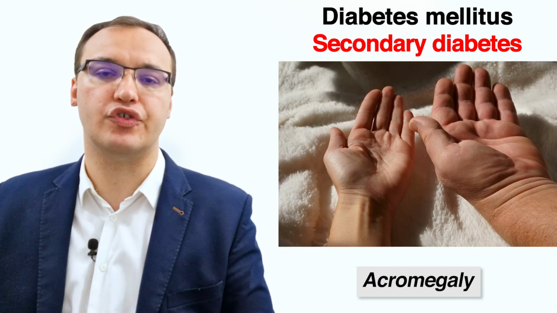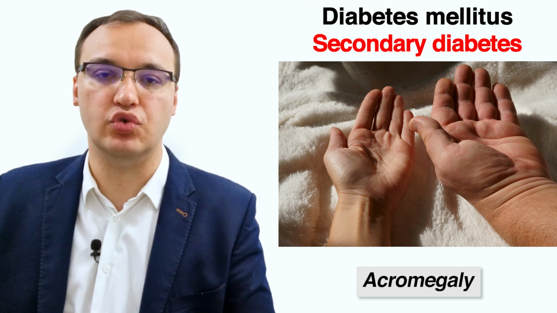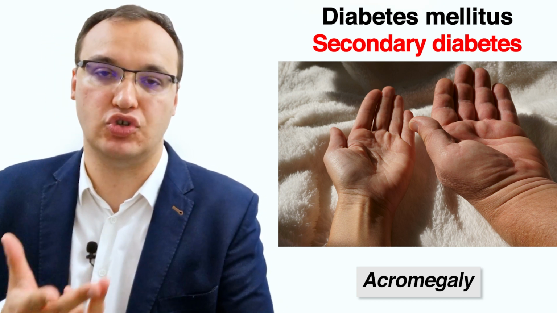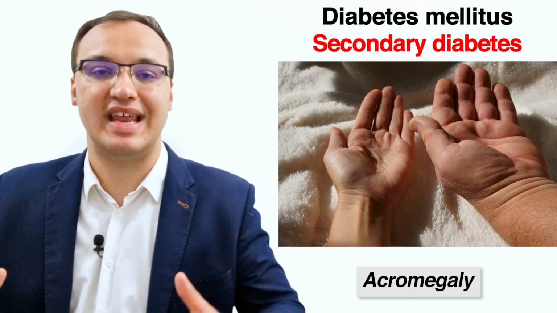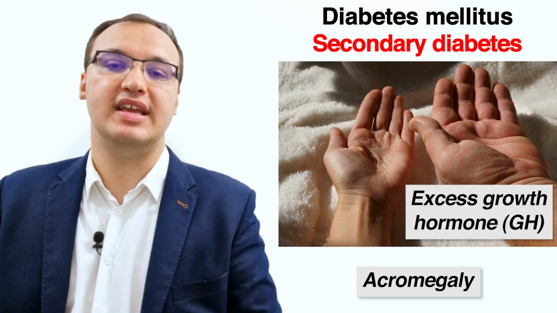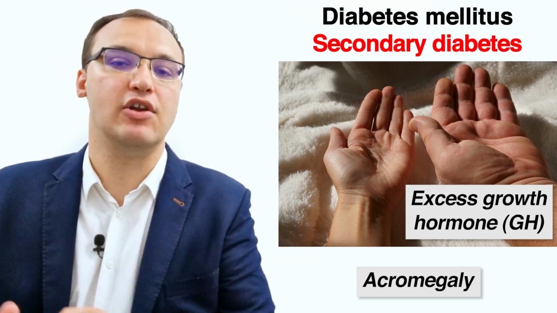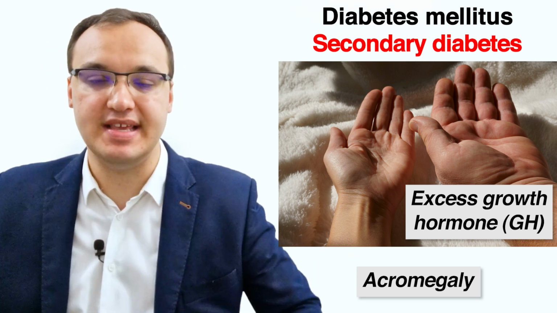Other hormone disorders that can cause diabetes include acromegaly, hyperthyroidism, and pheochromocytoma. In acromegaly, there's excess growth hormone in the body that causes the initial symptoms such as enlargement of the hands and feet.